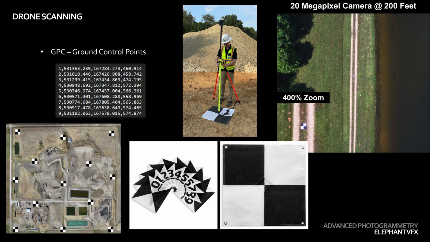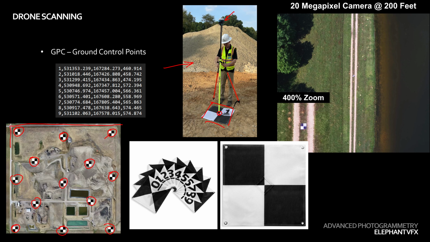Here you can see how this is being used. So here you have the terrain that we're scanning, and you can see that we have placed here multiple of these ground control points, and each of them will be measured like this, right? So here we have a GNSS receiver measuring the ground control point from the very center, and it will give you the GPS coordinates of this guy.